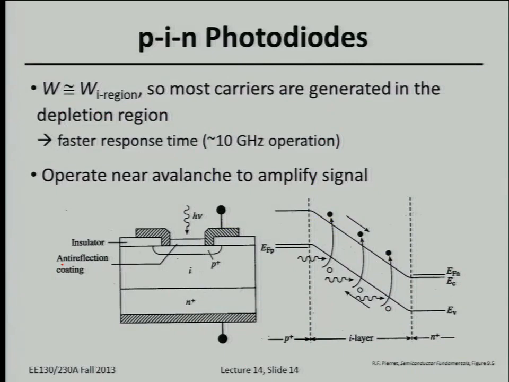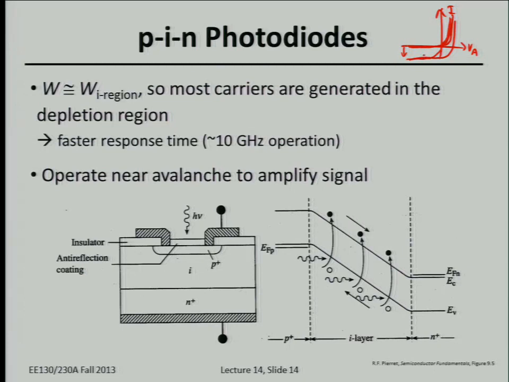Okay, PIN photodiodes. You'll have a homework problem on this. Remember again, we're operating the diode in this regime. With light shining on this PN junction, you can detect a change in the reverse bias current.